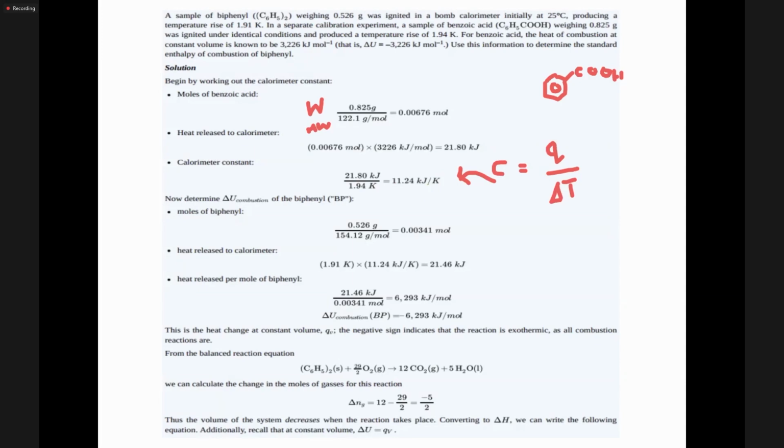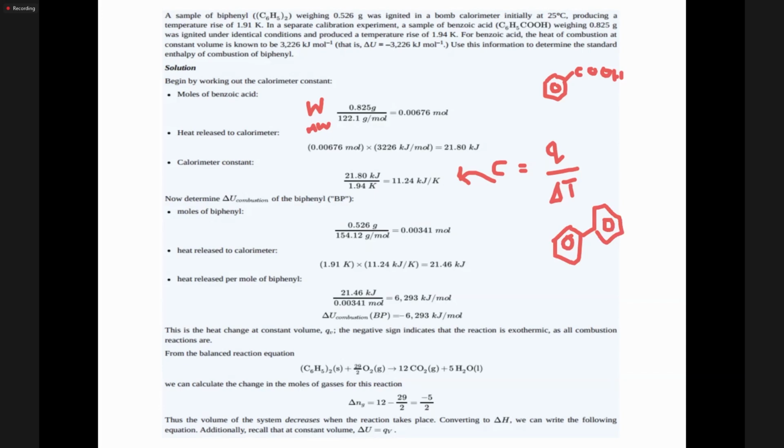Since we have got the calorimeter constant from the data derived from benzoic acid, we will now calculate the delta U combustion of the biphenyl system, BP. The biphenyl structure is two phenyl rings connected to each other by a C-C bond. This one is biphenyl.